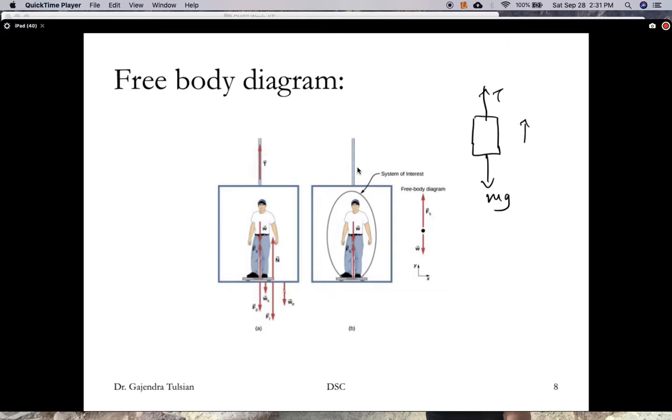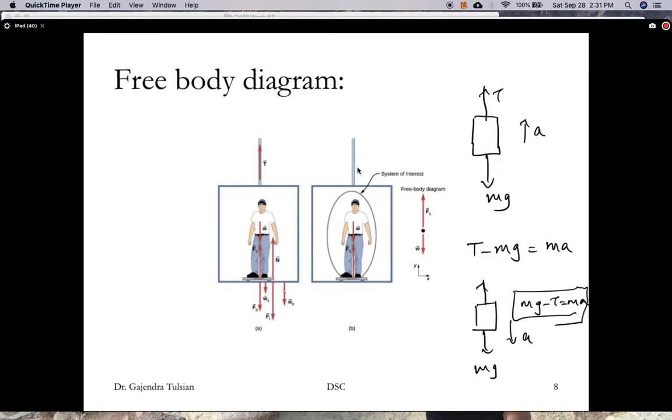If the elevator is accelerating upward, we'll choose that as the positive direction, and write everything in terms of positive quantities: T minus mg equals m times a. And if the elevator is accelerating in the downward direction, we'll write mg minus T equals m times a, all in terms of positive quantities.